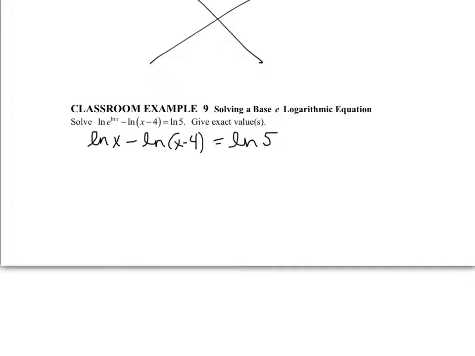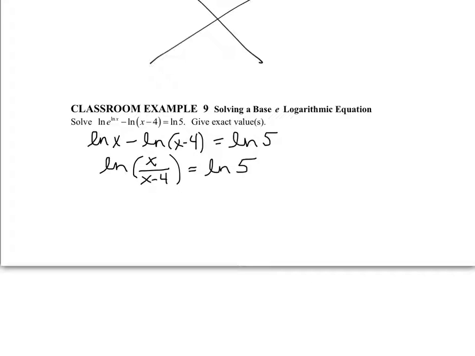Now I still have more than just a single log on the left. I have two, and they are separated with a subtraction sign. Think about those log properties. That would mean I can put it back together as a single log, but instead of multiplying, I would have to divide. So that would be the natural log of x over x minus 4 on the left is equal to the natural log of 5 on the right.